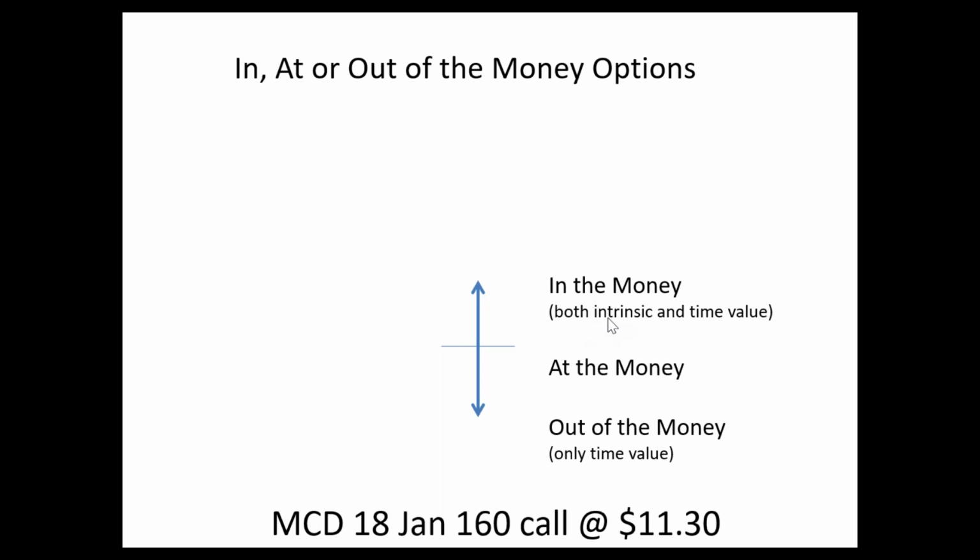In the money has both intrinsic and time value. At the money will have no intrinsic value, but a lot of time value. And out of the money only has time value, because it has no value if it's at or below 160.